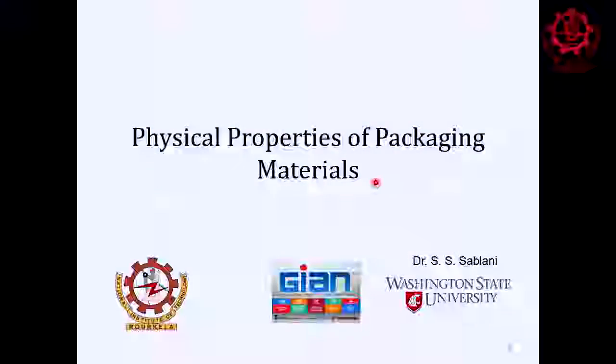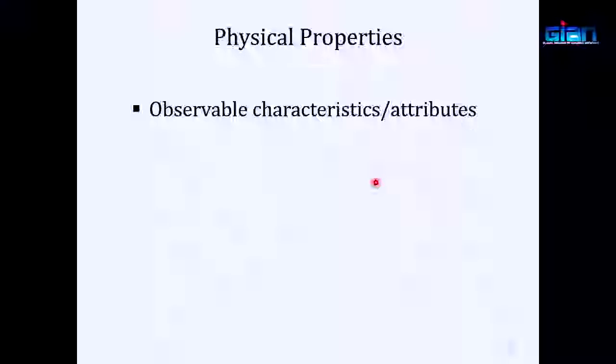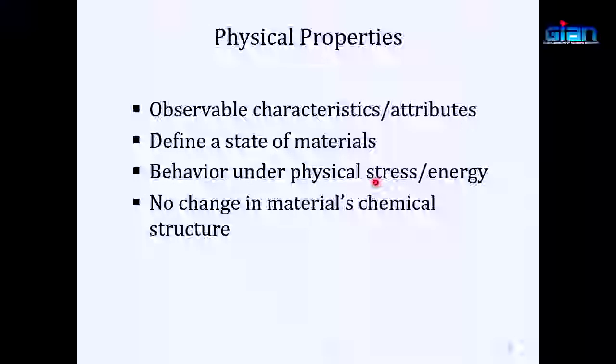You package the food in those packages and then subject it to processing. So when you want to design these processes, you need knowledge of these physical properties. Okay? So let's go and look at these properties.